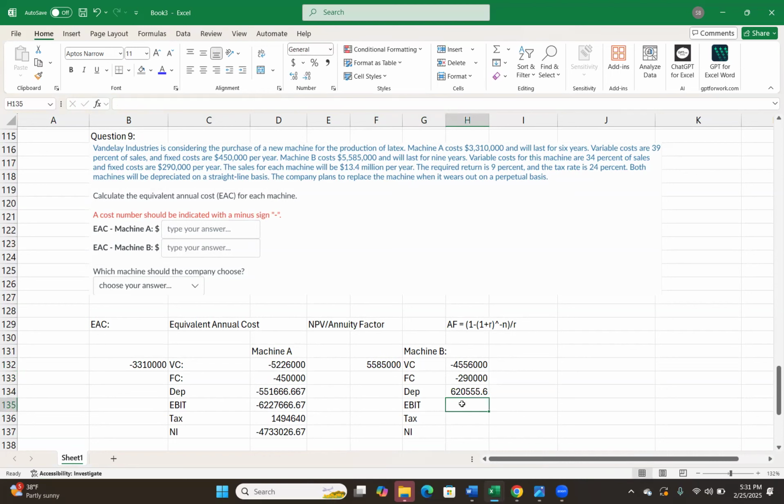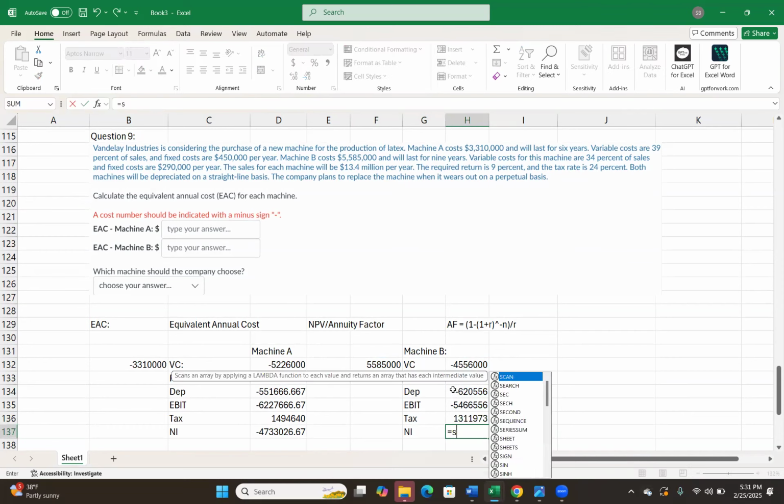Awesome. Okay, EBIT is the sum of all these. Taxes, negative 24% times above. Net income is the sum of here.